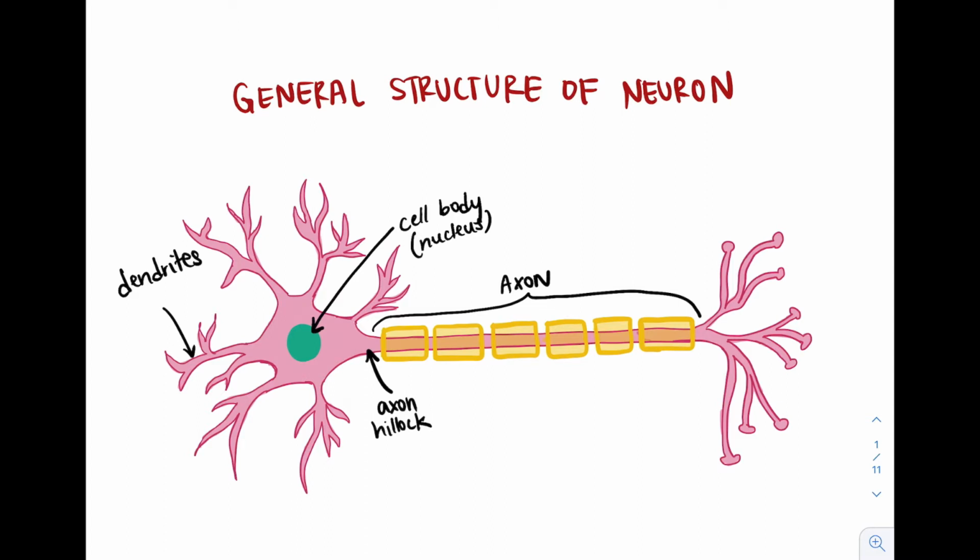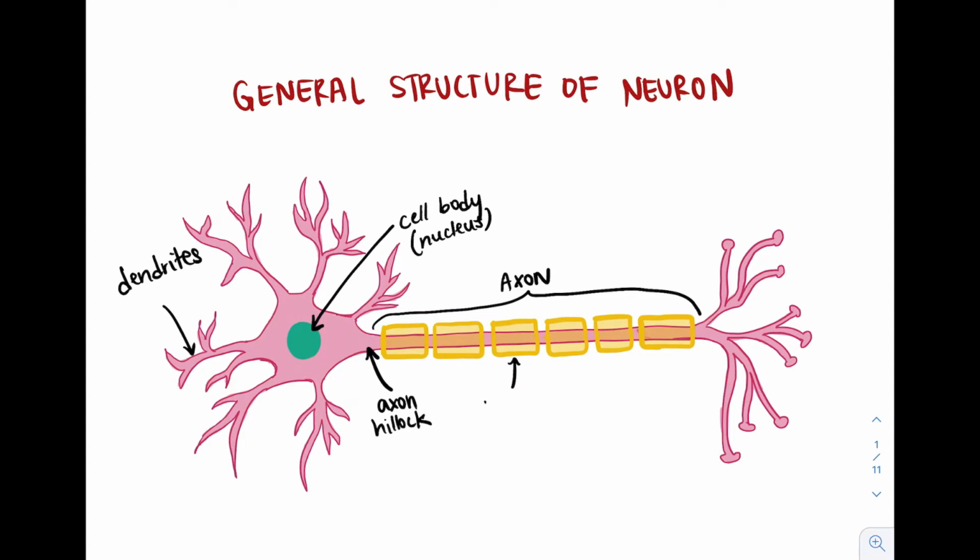And along the axon, we have bubbles of insulation called myelin sheaths. So these myelin sheaths are going to prevent the electrical signal from being lost. And in that way, they're insulating the axon. Between each myelin sheath are gaps called nodes of Ranvier.